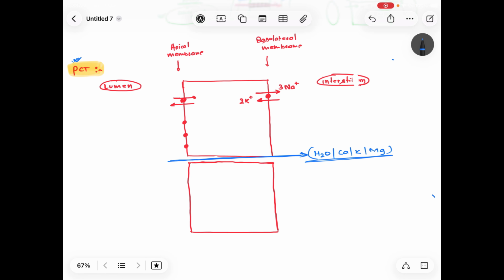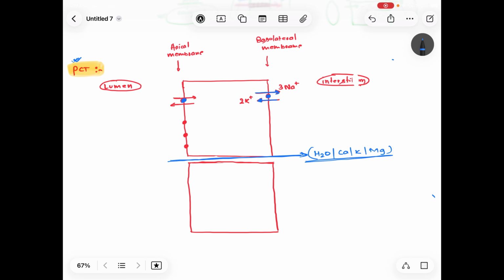The second one is the transcellular pathway across the cell, in which there is a pump which creates a gradient, like sodium potassium ATPase. Across this gradient, ions move by two processes. First one is diffusion, simply from high to low concentration, and the second one is secondary active transport, which is very important. We will discuss secondary active transport.